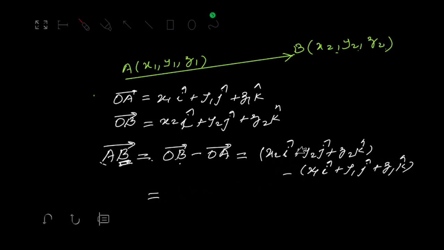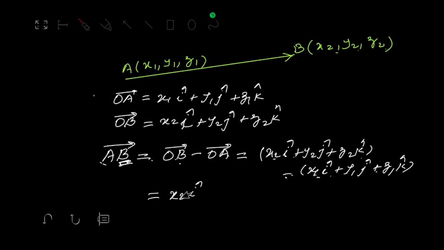So if we simplify further, we may write it as x2 i cap, and together with x2 i cap we may write minus x1 i cap, which is obtained by this bracket. When we open up this bracket, this minus will change all the signs inside. So each and every term of this vector will be negative: negative x1 i cap, negative y1 j cap, negative z1 k cap. And these components are grouped with these components.